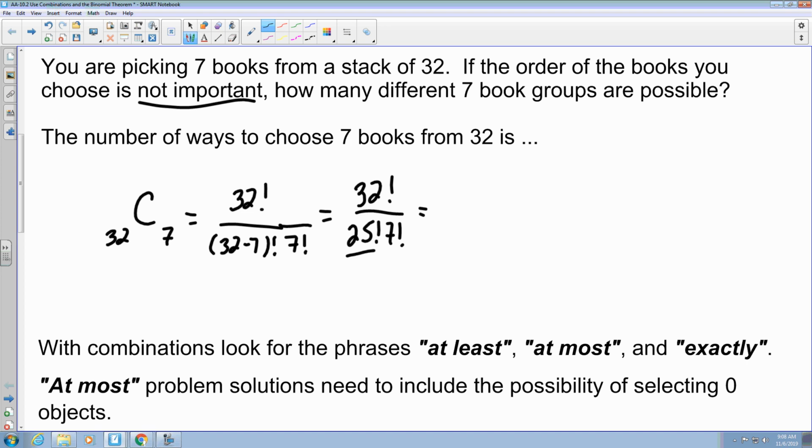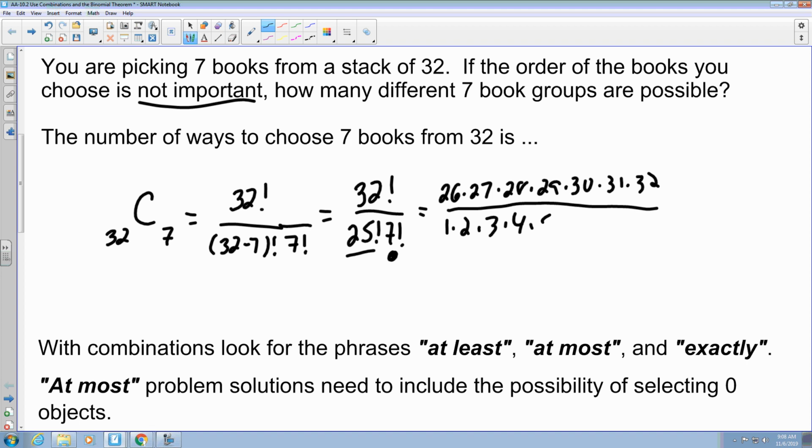So I see that my larger number in the denominator is 25. So the products of 1 times 2 times 3 times 4, all the way up to 25, get canceled. The only thing I really need to write in the numerator is 26 times 27 times 28 times 29 times 30 times 31 times 32. And the only thing I have to write in the denominator is this 7 factorial, which is 1 times 2 times 3 times 4 times 5 times 6 times 7.